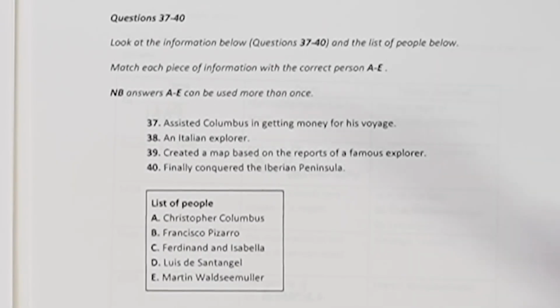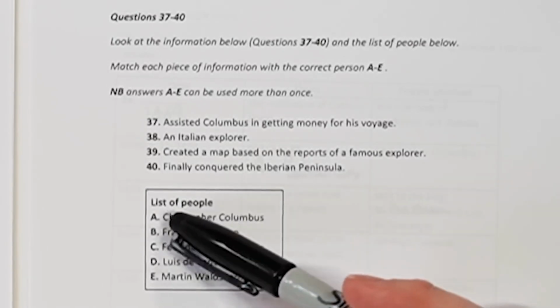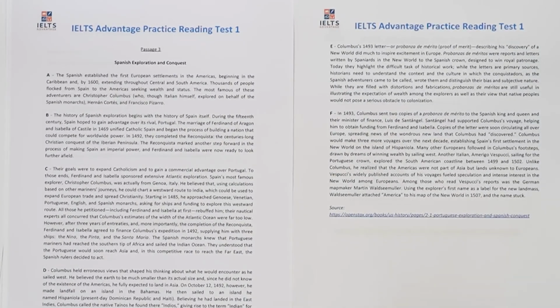Finally conquered the Iberian Peninsula. Okay, let's take each of these and find out where they talk about them. So Christopher Columbus, where is he mentioned? He's mentioned in this paragraph, this paragraph, this paragraph, and this paragraph. That's going to be quite difficult because he's mentioned a lot of times.